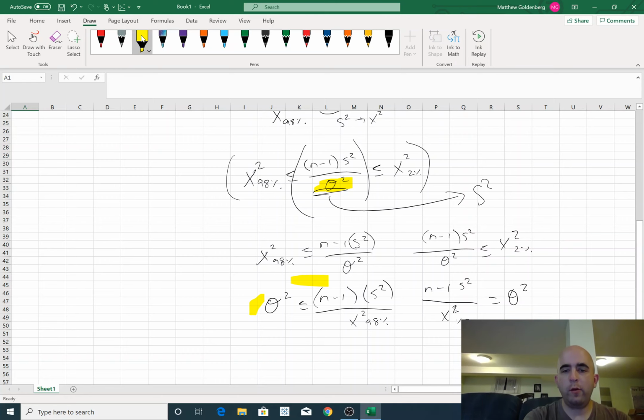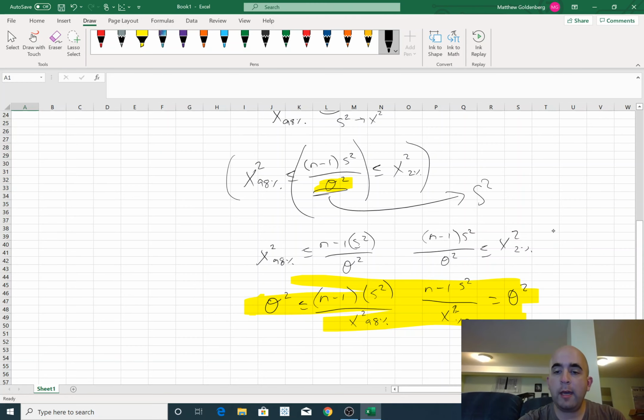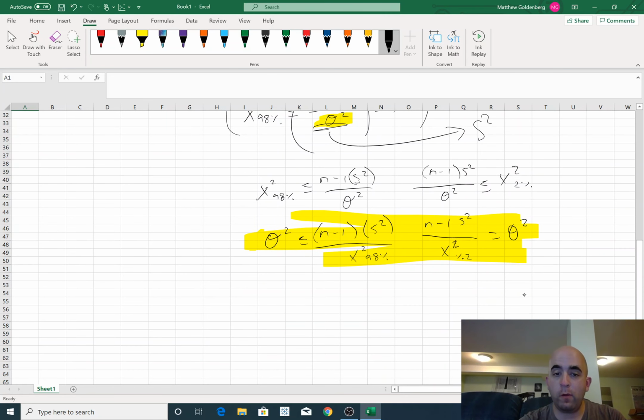Putting these two together now into one cohesive whole, where we can actually use it to make a statement about confidence intervals. We bring this to the right, and we say the population variance we're predicting is less than or equal to n minus 1 over s squared, what I'm writing basically, over 98% to the right.